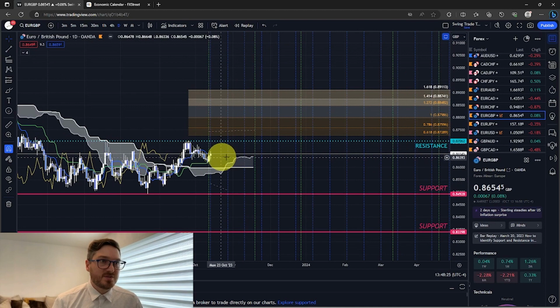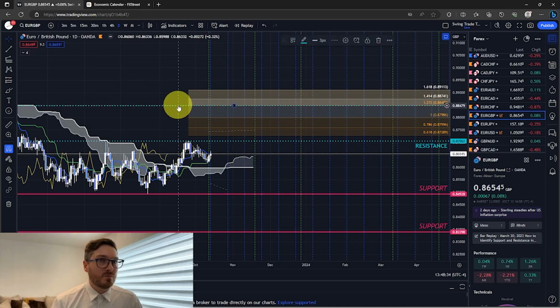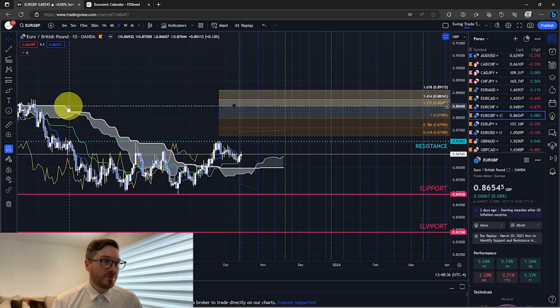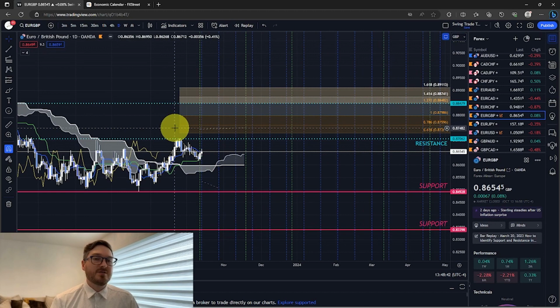So I'm expecting this just to be a ranging market. But once we get closer to breaking out, guys, I think we're going to be able to target this level up here, where we're getting confluence on the Kumo cloud. So we're going to look for that once we break out on this level. But until then, guys, this week I'm going to be avoiding trading this unless we get the breakout, just because it's going to be a ranging market.